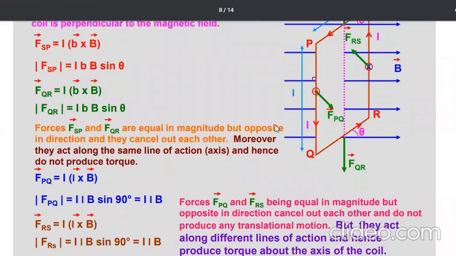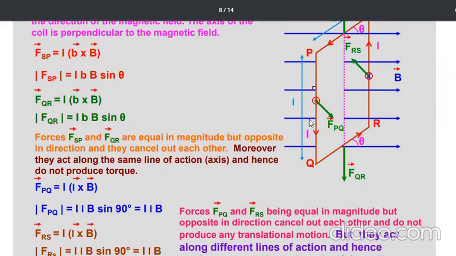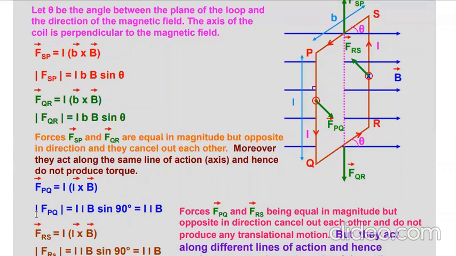Here we see that the current and magnetic field make an angle of 90 degrees, that is, the length of this arm and the magnetic field make an angle of 90 degrees. Therefore, the magnitude of magnetic force acting on this arm is F equal to I into L into B sine 90 degrees, equal to ILB. That is the maximum force experienced by the longer arm.